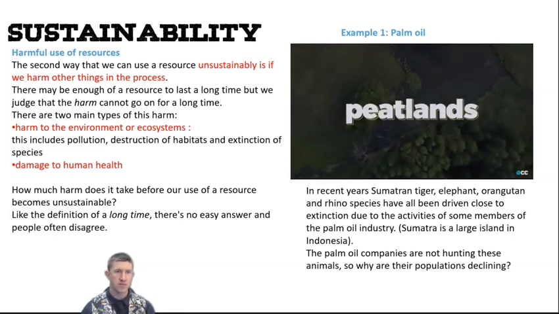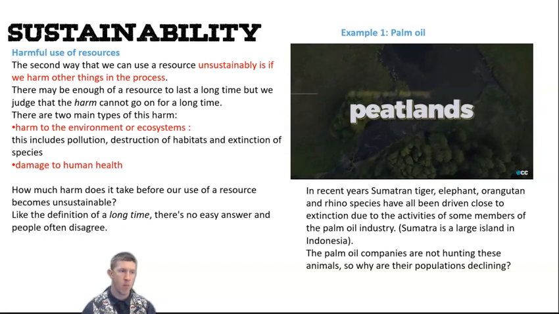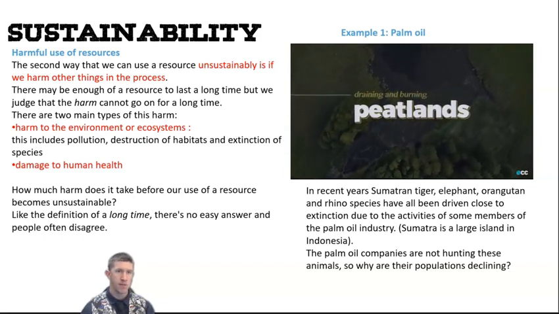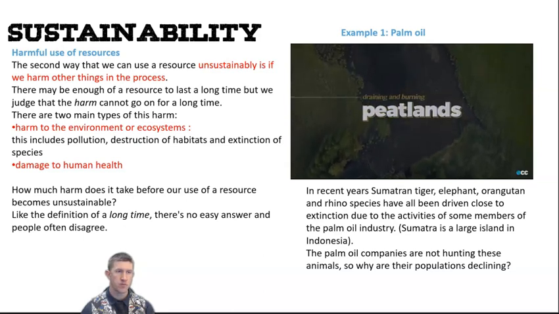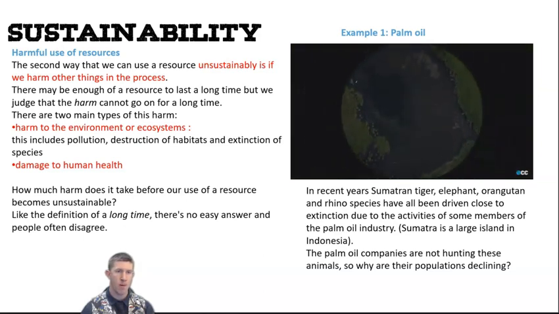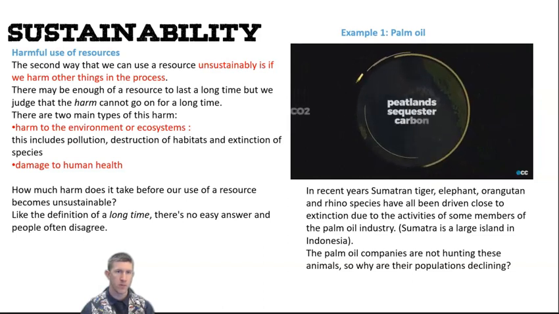Besides the deforestation of primary forests and rainforests, the draining and burning of peatlands in Southeast Asia has caused huge problems for the environment and atmosphere. Peatlands act like sponges for carbon dioxide, soaking up and storing large quantities of CO2 in their waterlogged, low-oxygen environments.